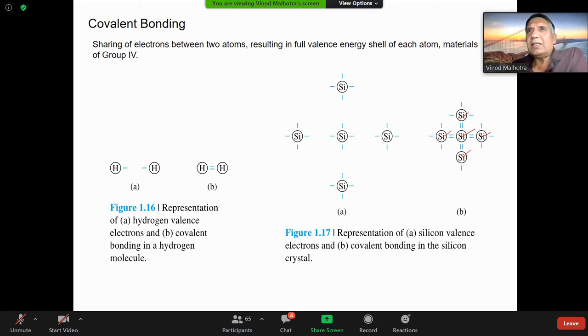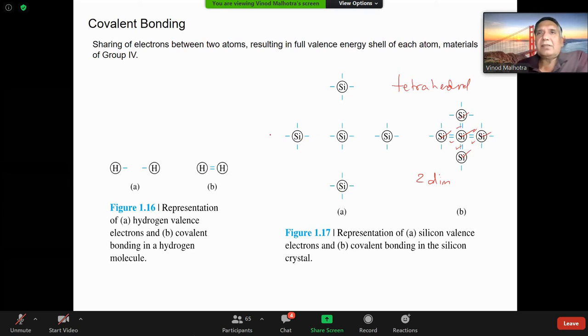And then when you look at this silicon, you find that the shell is complete with 8 electrons, right? So that's 8 electrons. These bars, think of them as bonds. So it's a complete bonding with the 4 nearest neighbors. Now, this is in 2 dimensions, right? In 3 dimensions, of course, it looks like a tetrahedral structure, right?